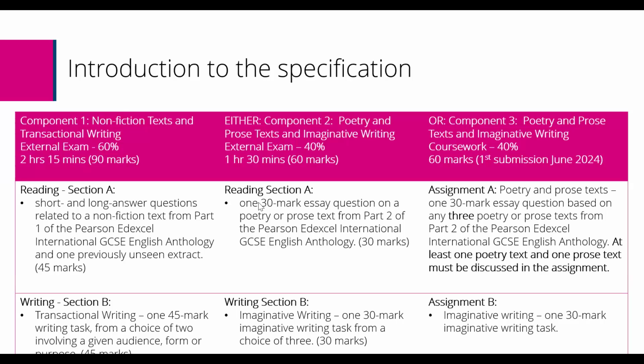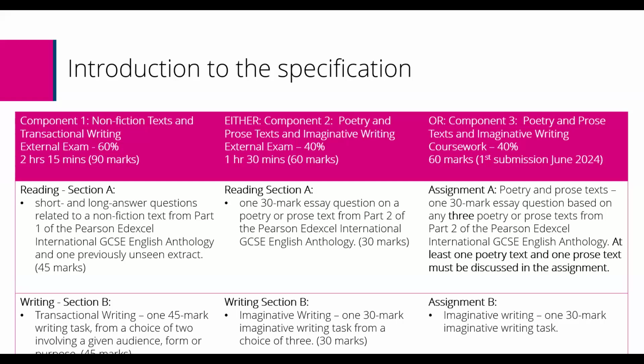So let's just have a little look at how the qualification is put together here. I'm just going to minimize my chat for a moment. So we've got component 1, which is, thanks for putting those resources up again.